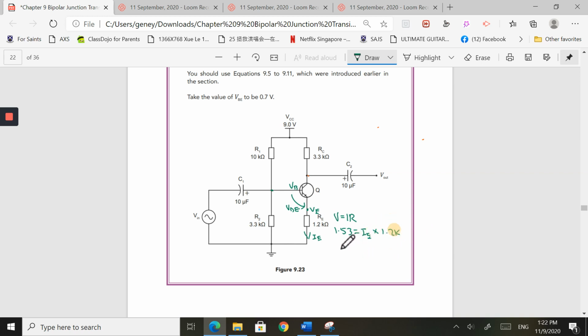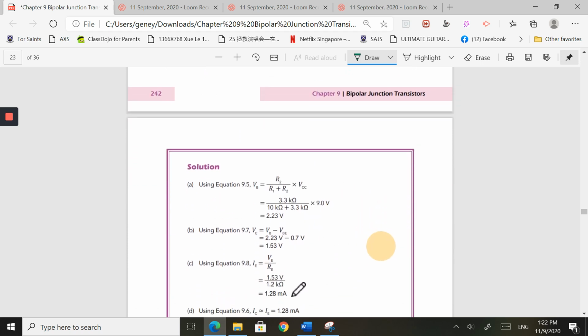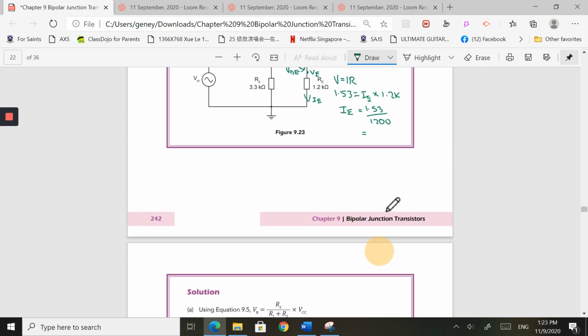Therefore IE is 1.53 divided by 1.2 kilo, and let me cheat again, this will be 1.28 milliamps.